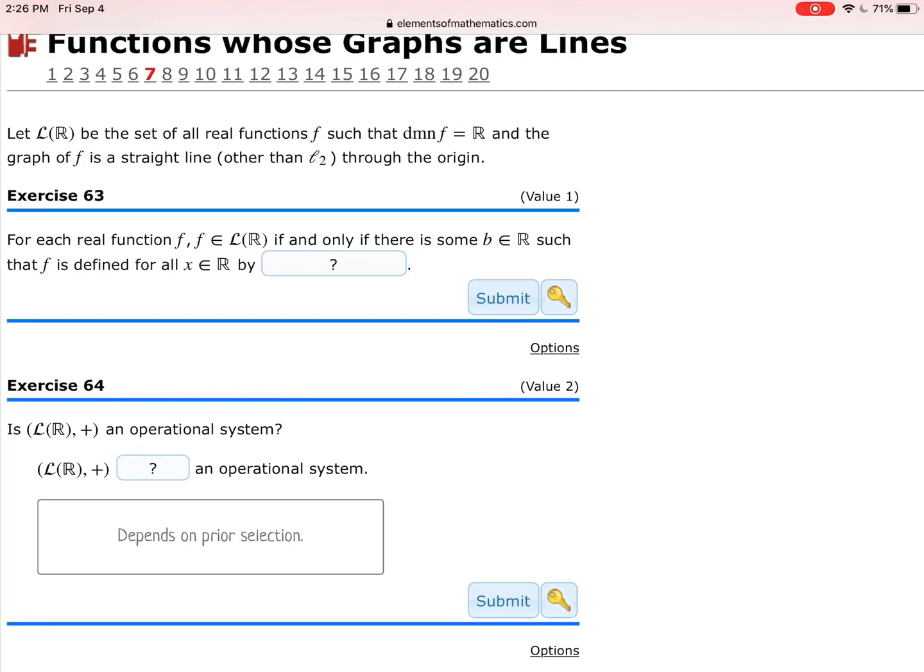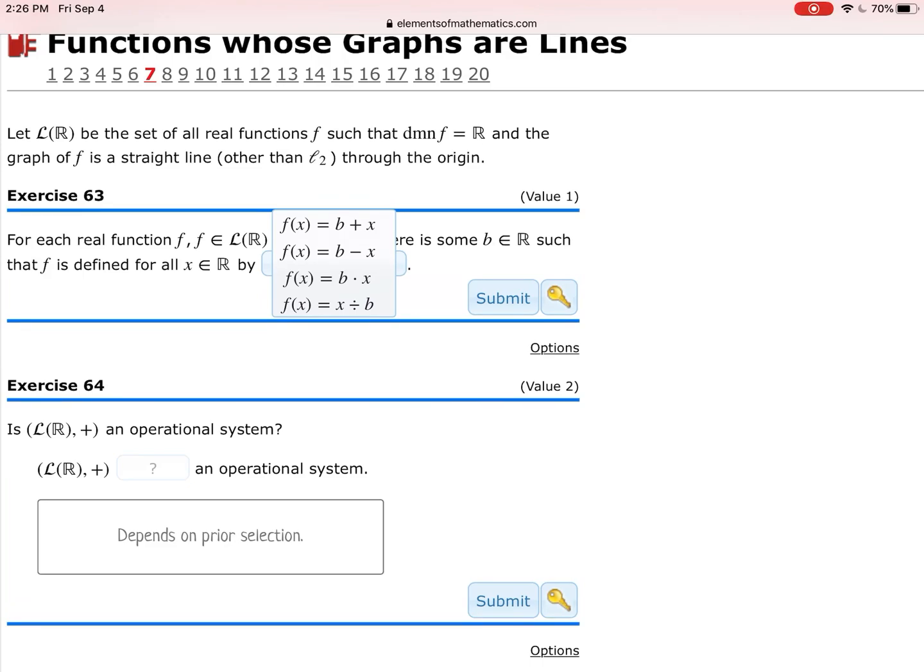For each real function f that is an element of that fancy L of R, and that's the set of all real functions where the domain of f is real numbers and the graph is some straight line. Oh, that's why it has the L, so it's talking about the real number straight line functions. It says if and only if there is some b that's an element of the set of reals such that f is defined for all x's that are elements of real numbers by, and I tap on this.